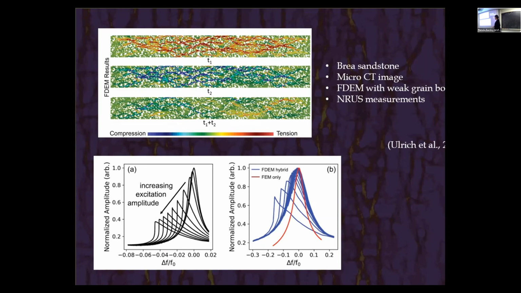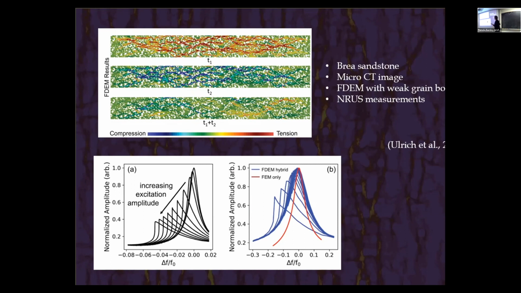They can't explain that with a continuum model, and they couldn't even explain it with a straight finite element model. That's what this is showing: they have this finite difference model, which is the blue curves, and they're modeling their result using the models up here. And then the red is the finite element.